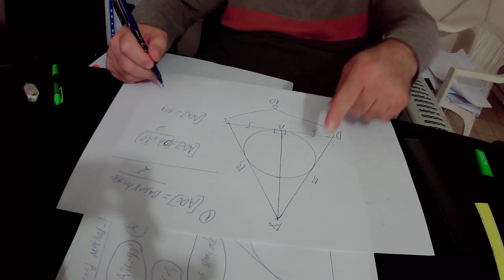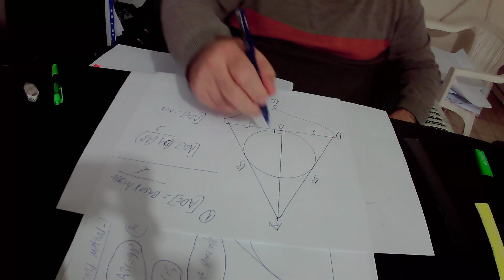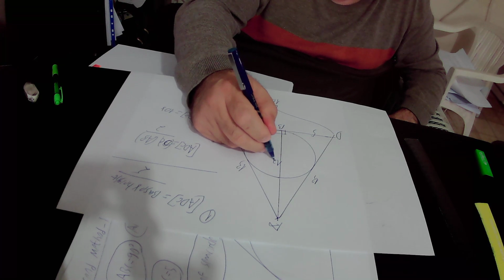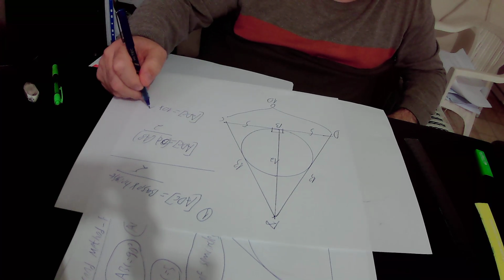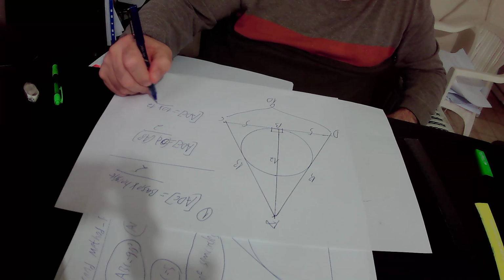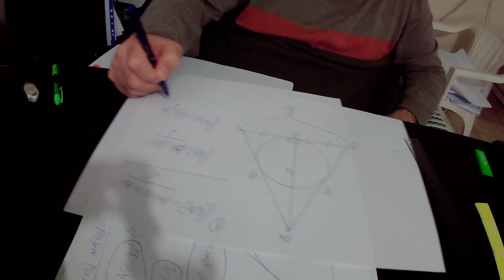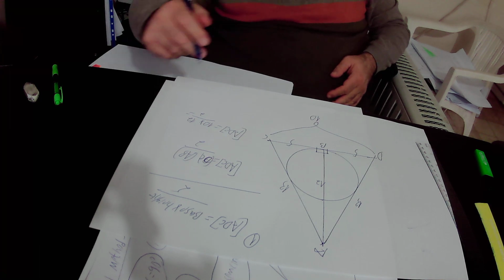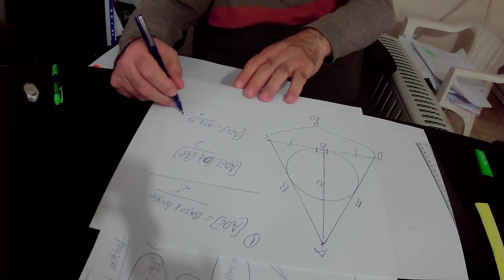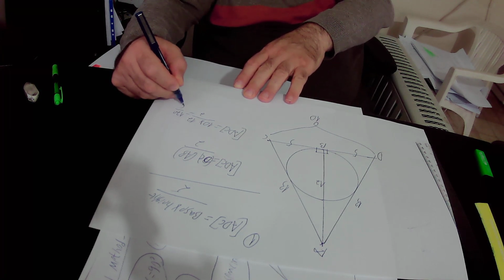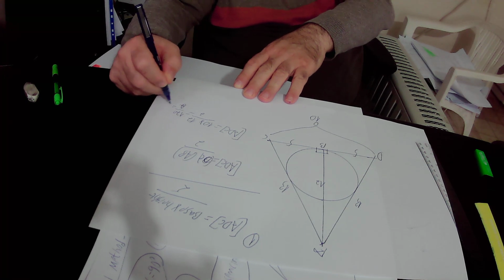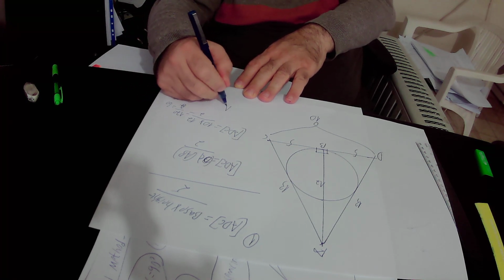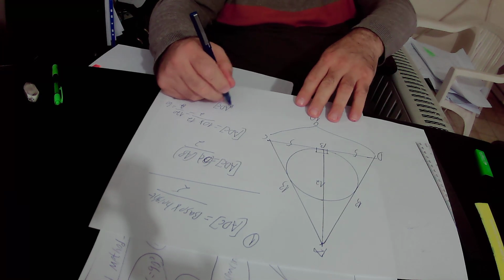The height AB is equal to 12 units, all over 2. So the area of this triangle ADC equals 120 over 2, which is 60 square units. That is the area of triangle ADC.